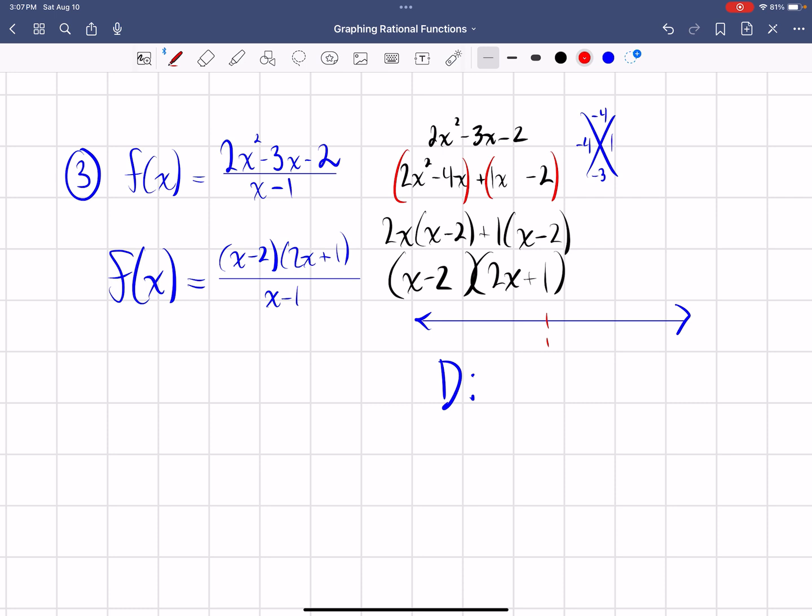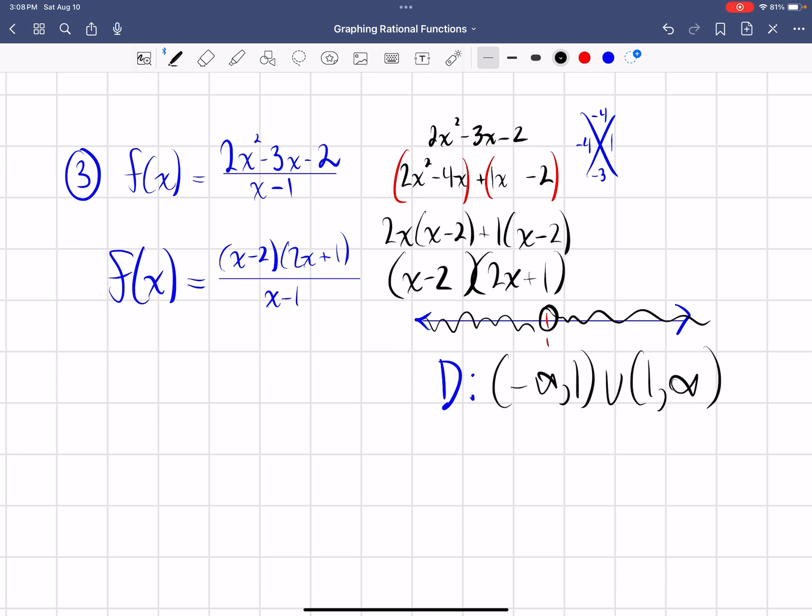If x is 1, that's bad because 1 minus 1 is 0, but everything else is fine. So my domain will be negative infinity, comma, 1, union, 1, comma, infinity. So that's the domain. Next we look for holes. Does anything cancel? No. So no holes to be found.